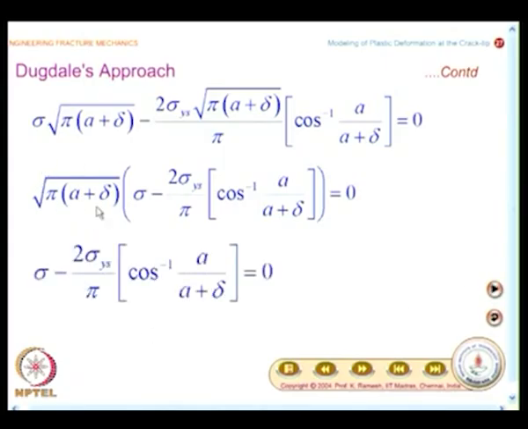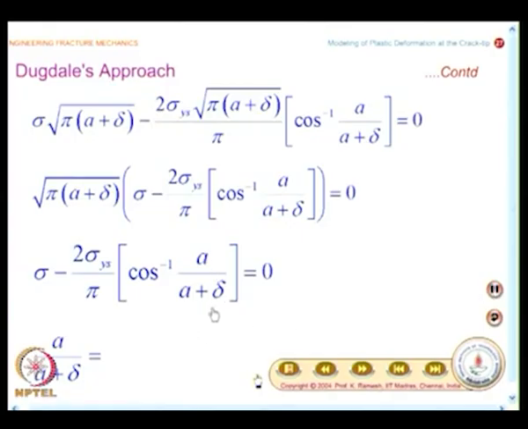And I can take this to the right hand side, I can knock off this. So, essentially I get sigma minus 2 sigma ys divided by pi multiplied by cos inverse a by a plus delta equal to 0. So, this will help me to get an expression for delta. Let us see what we get.